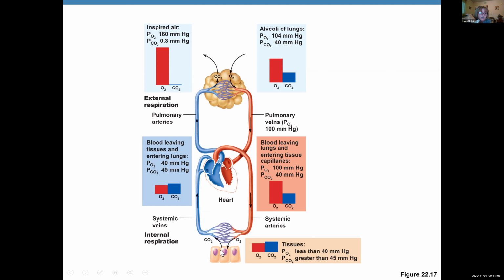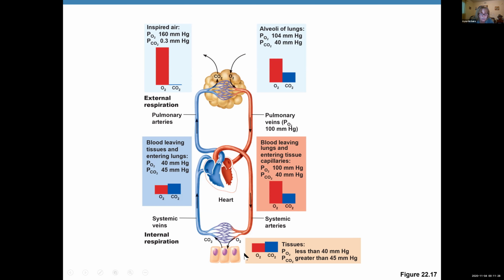So in a tissue, the oxygen is a little bit less than 40 and carbon dioxide is a little bit greater than 45, right? But even if we say it's 40 and 45, we have 100 oxygen in the blood and 40 oxygen in the tissue. So obviously oxygen moves from blood to the tissue.